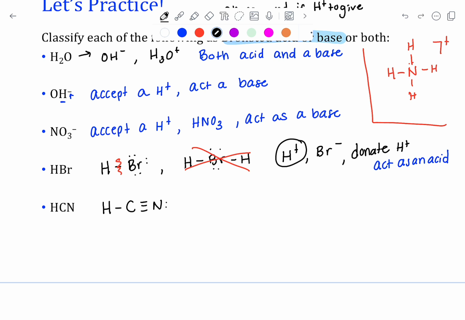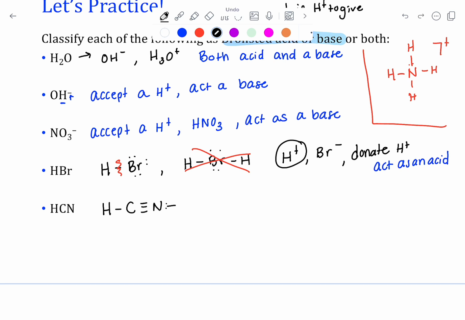I'm not going to add a hydrogen onto this nitrogen because it's not preferable when it's in this setup. So what we're actually going to see is this bond is going to break, and we are going to have H plus and CN minus, and therefore it's going to donate the hydrogen and act as an acid.